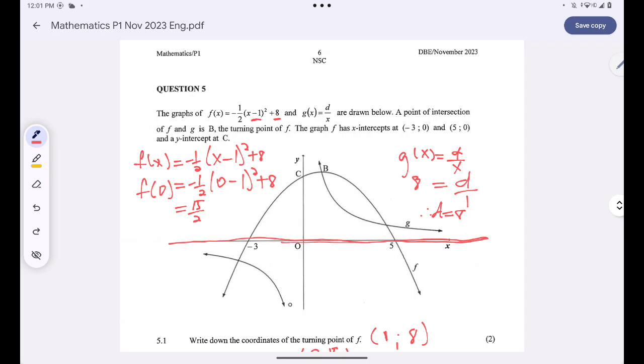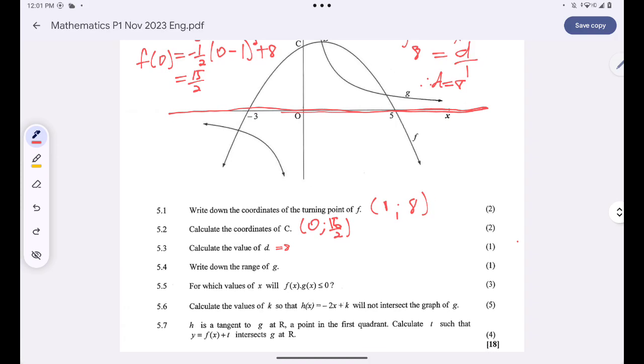Instead of touching the x-axis, it curves like this, and then it starts again on the upper side. So my graph does not touch the x-axis. Are we together? So the range, I can simply say y is an element of real numbers, but y cannot be 0.